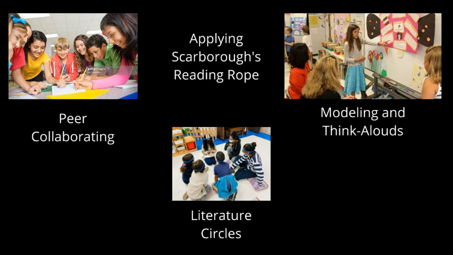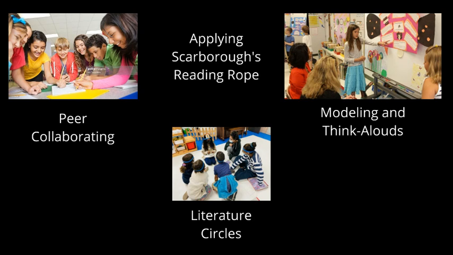So here we go. Now we are going to discuss Dr. Hollis Scarborough's reading rope. When applying this theory, educators must explicitly teach various components of the reading rope. Teachers must implement a balanced literacy approach, which includes explicit instruction in phonological awareness, fluency, vocabulary, comprehension strategies, and background knowledge.